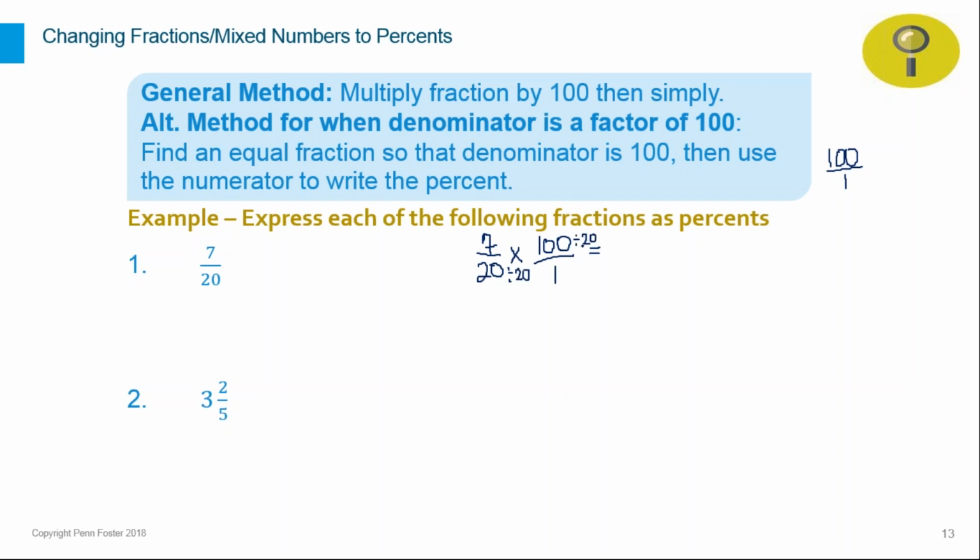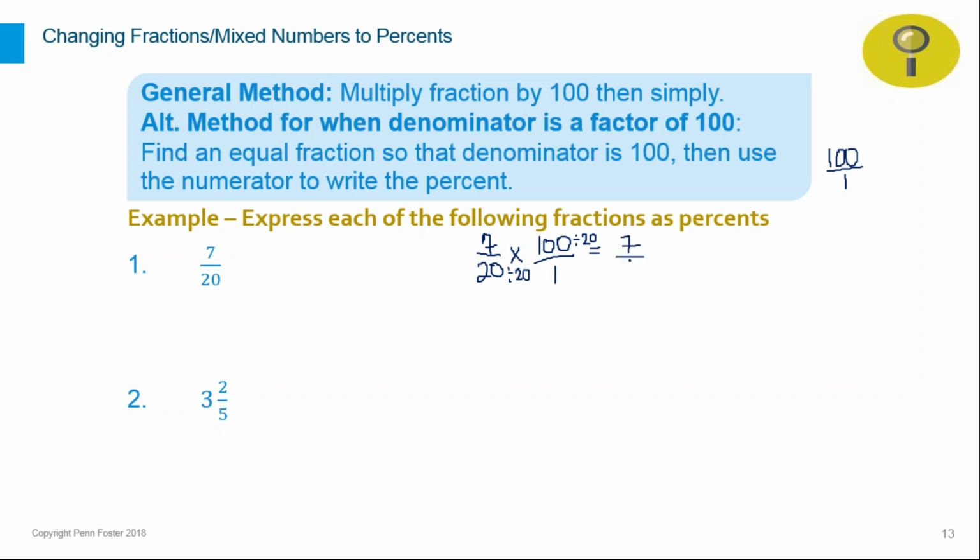This is a process that is part of multiplying fractions. If you want to go to the Penn YouTube page, you will find 3 webinars on fractions: adding, subtracting, simplifying, multiplying, and dividing, if you want to refresh your memory on how to multiply fractions. So before we multiply, we do the cancellation method.